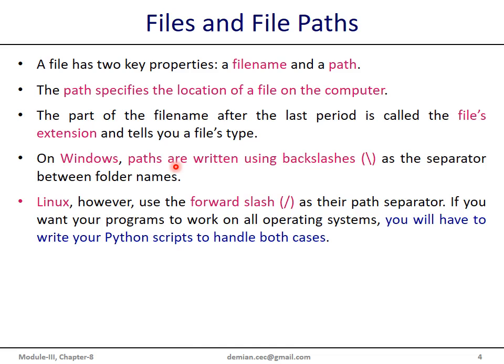We find the file extension after the period or dot, and the file type represents the nature of the contents of that file. For example, txt refers to a plain text file.